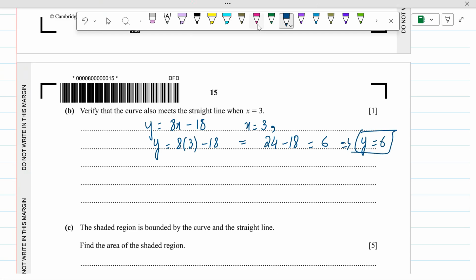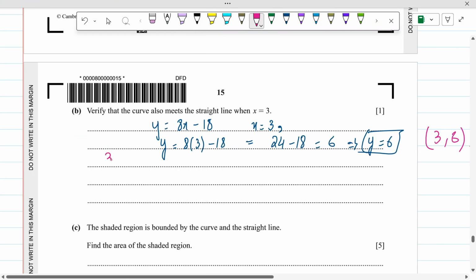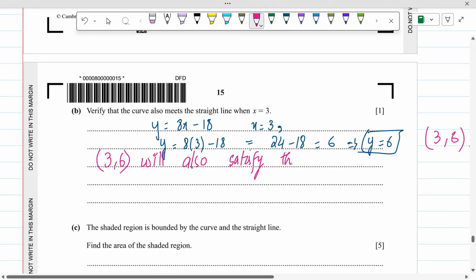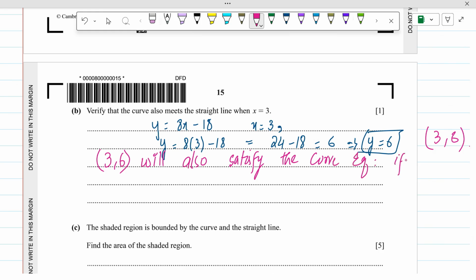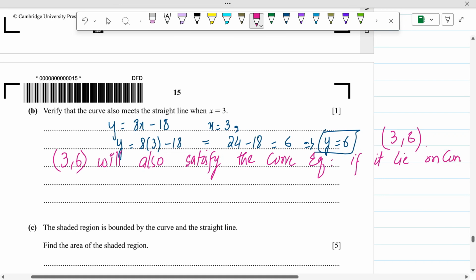So this point is (3, 6). (3, 6) will also satisfy the curve equation if it lies on the curve.